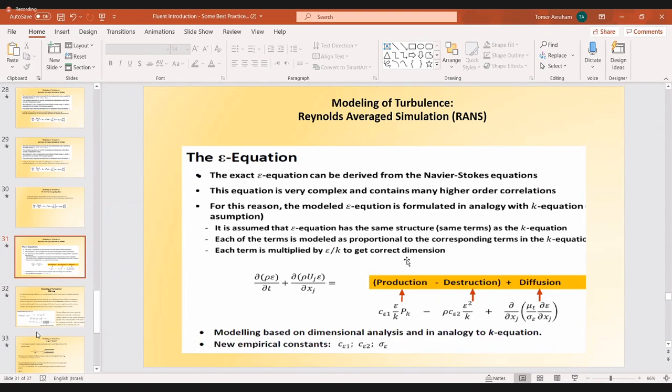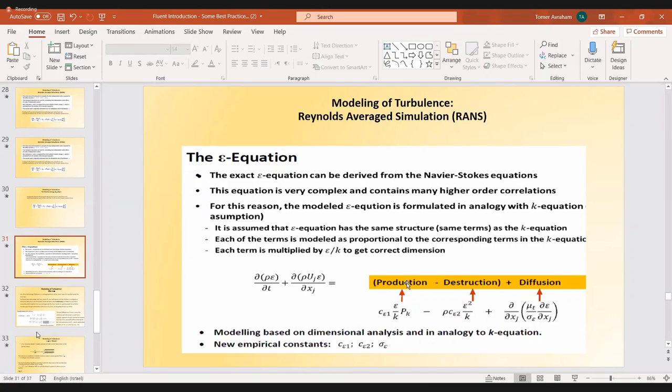It needs wall treatment. Wall treatment means either we use wall functions. We have some types of wall functions, but this means we don't have a no-slip condition. We use some kind of velocity away from the wall, okay?